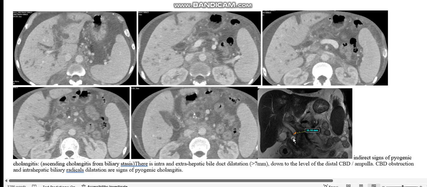If you measure the common bile duct at 10 millimeters, it's above 7, so there is bile duct dilatation. Here the dilatation is down to the level of the distal common bile duct or the ampulla. So this is common bile duct obstruction with intrahepatic biliary radical dilatation.